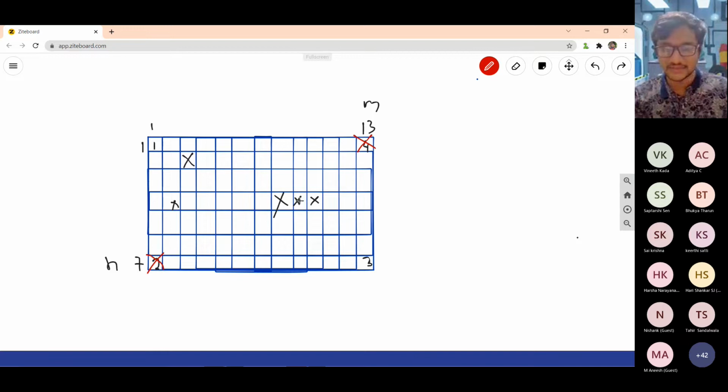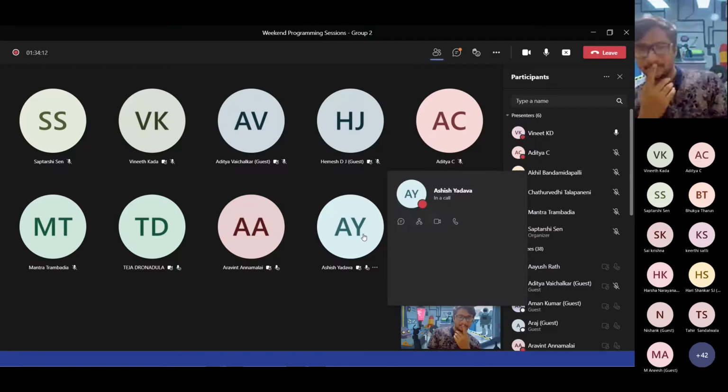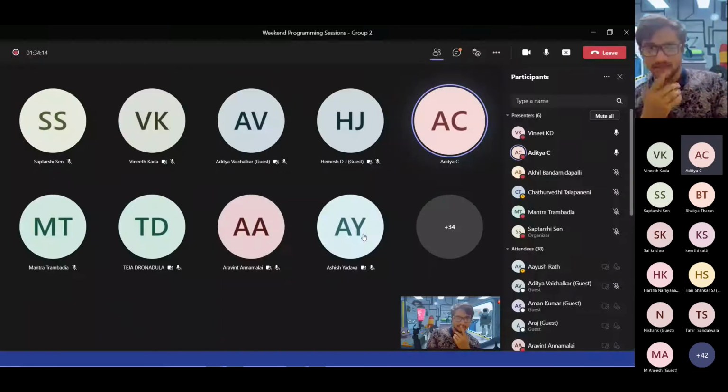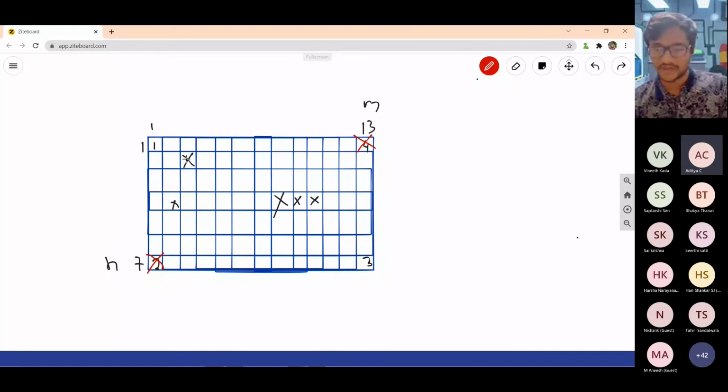Each and every other cell got an even number of flips, right? You will be black only if you were flipped an odd number of times, and you will be white if you were flipped an even number of times, including 0.